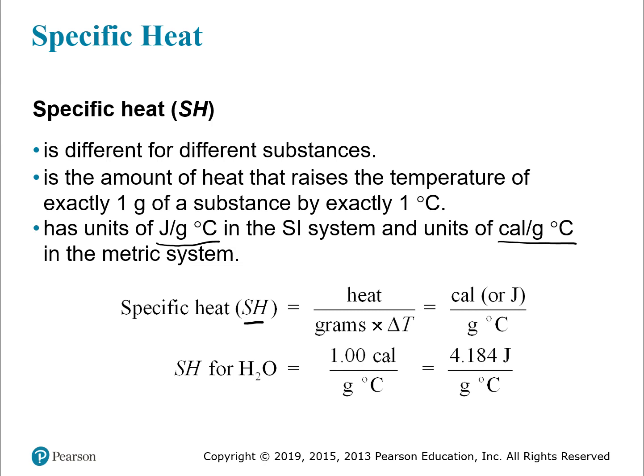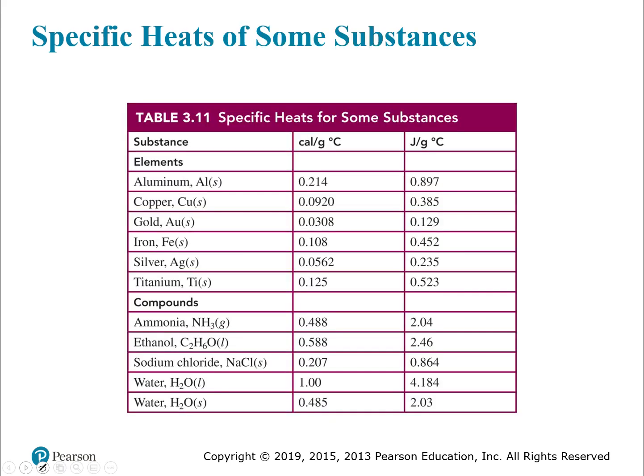That's the amount of heat that is required to raise 1 gram of water by 1 degree Celsius. That's its definition. And we know that 1 calorie is equal to 4.184 joules. So this is information that you should know. It'll be provided for you, but you need to understand where it comes from.